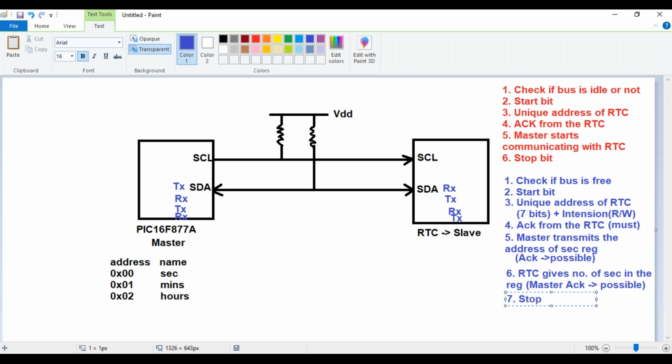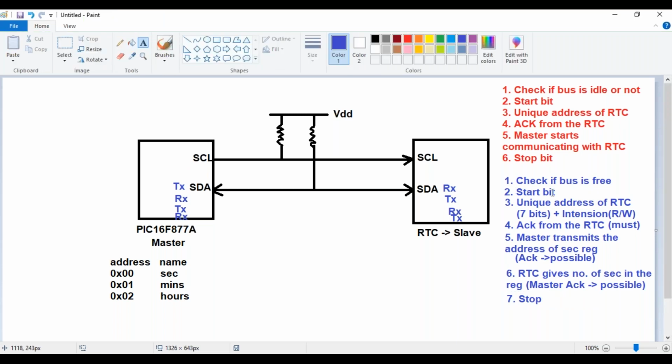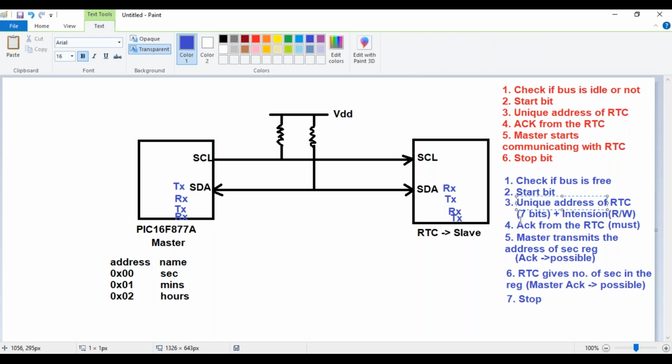and I'm going to transmit a stop bit. So first, the master is going to check if the bus is free. Second, the start bit gets transmitted. Third, the unique address of the RTC along with the intention will be transmitted, so the master is the transmitter and the RTC is the receiver.